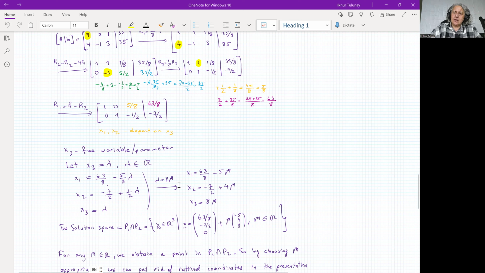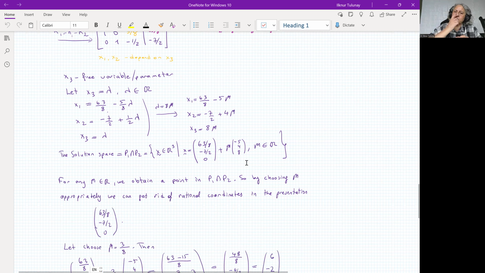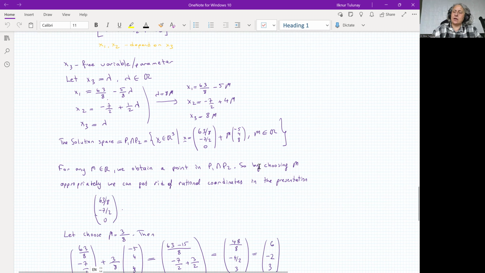If you take lambda equal to 8 mu, then you will have integers for the coefficients of your parameter. This is why I'm doing this, because there are infinitely many ways to present it, and I have the integers as a presentation here.